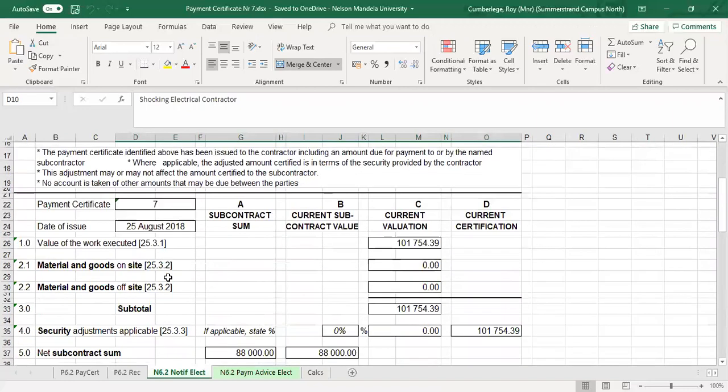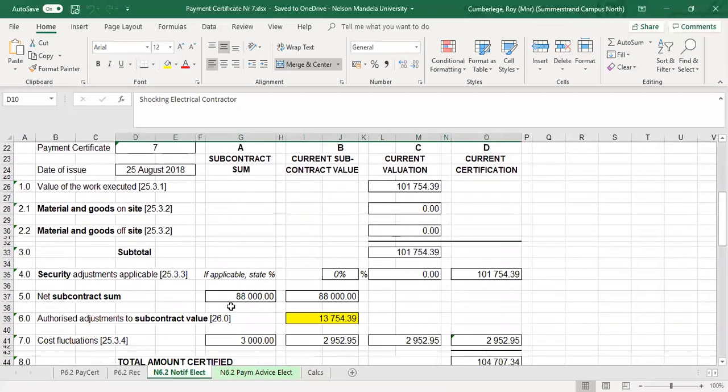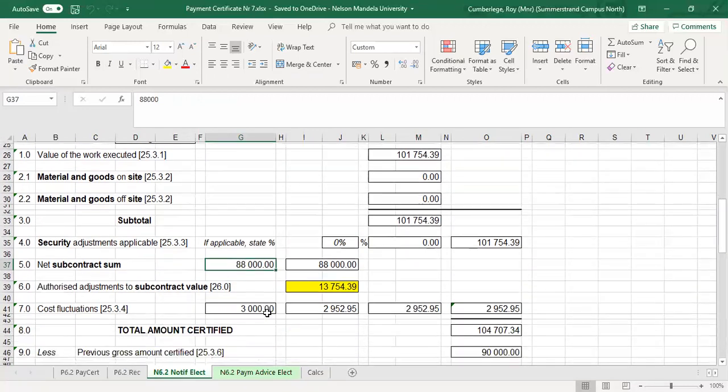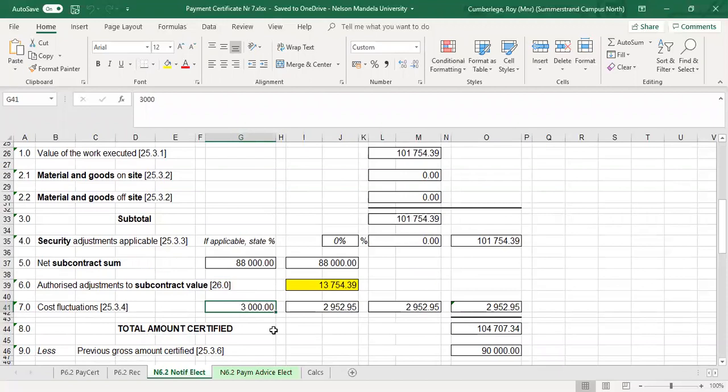The same principle applies here if we look at columns A, B, C, and D. Column A, as we've said, is the contract sum. In this case, it's for the main contractor, and there's your original contract sum. There was an estimation for escalation at that point.